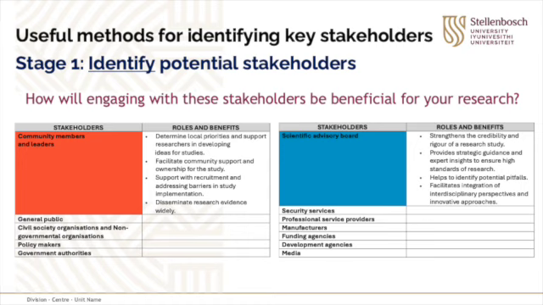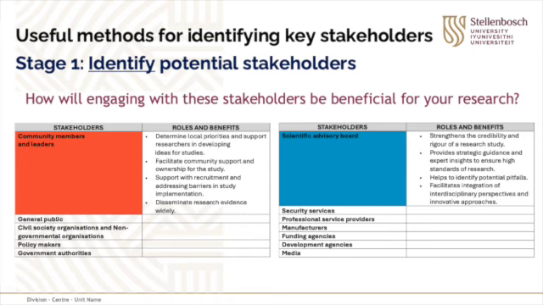So the examples of stakeholders here are, again, drawn from the previous diagram that we looked at: general public, civil society, policymakers, government authorities, security services. Perhaps you're working in dangerous areas. Perhaps you need to think about having security services as stakeholders in your research process, service providers, manufacturers, funding agencies, and so on.